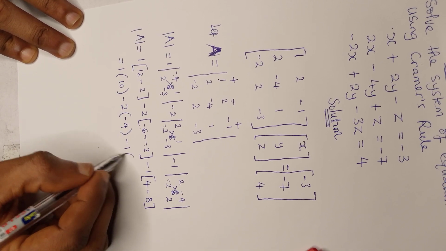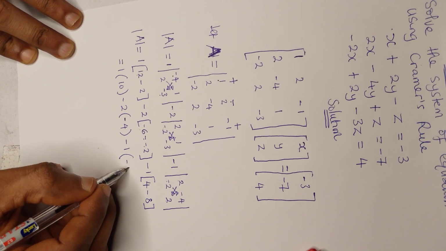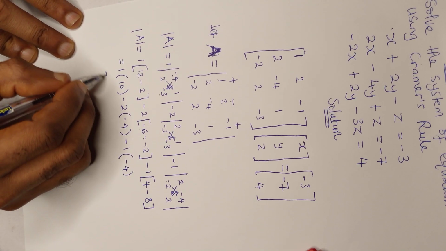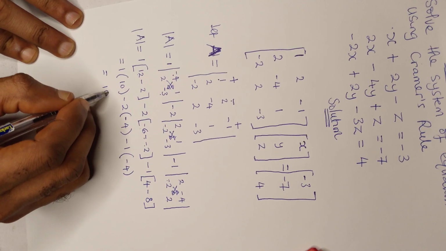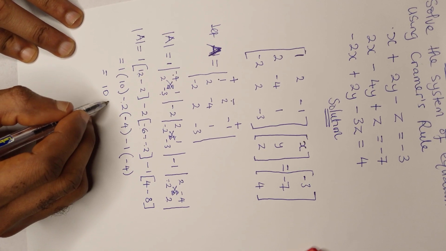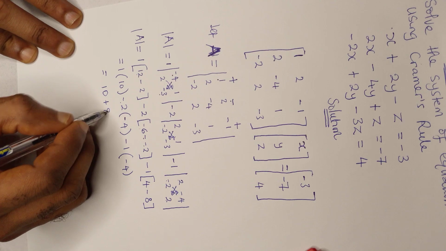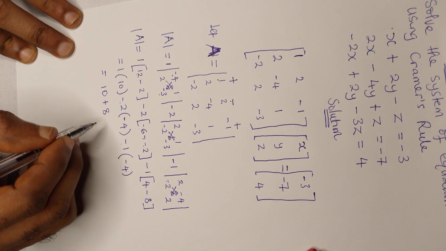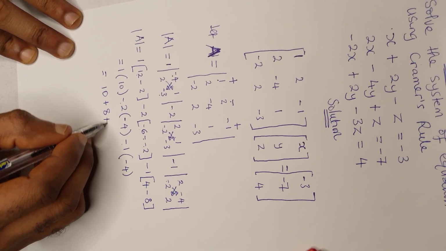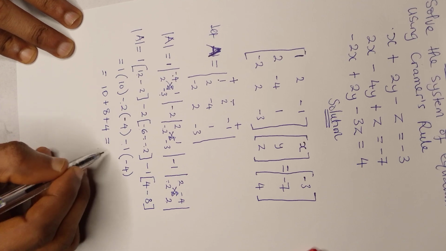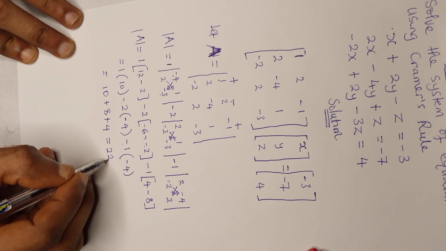Minus 1 into 4 minus 8 is minus 4. So this will give us 1 times 10 is 10. Minus 2 times minus 4 will give us plus 8. And minus 4 times minus 1 times minus 4 will give us plus 4. So when we take this, we add this, we have 22.